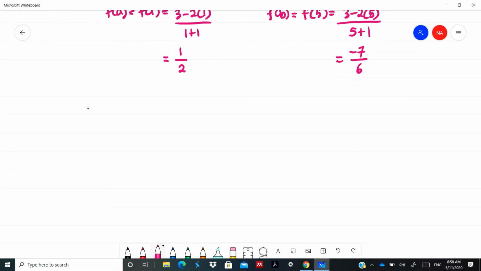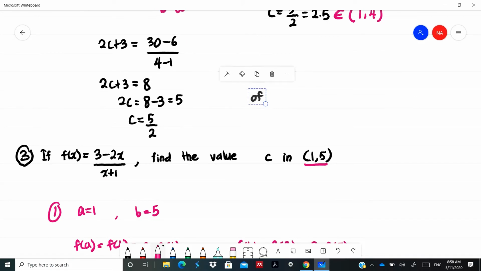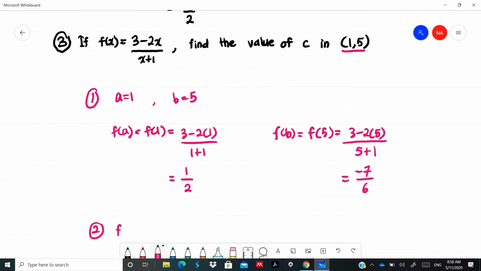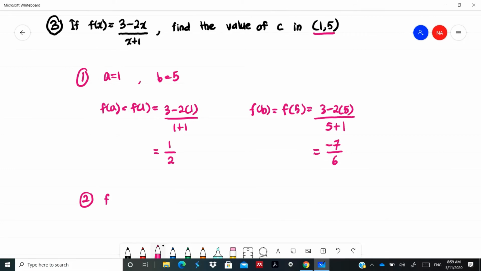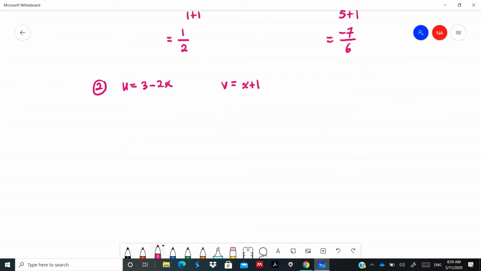The next step is to find f prime of x. To find f prime of x in this case, we use the quotient rule. I'm going to write u first. u is 3 minus 2x, and v is x plus 1. So u prime will be negative 2 and v prime will be 1.